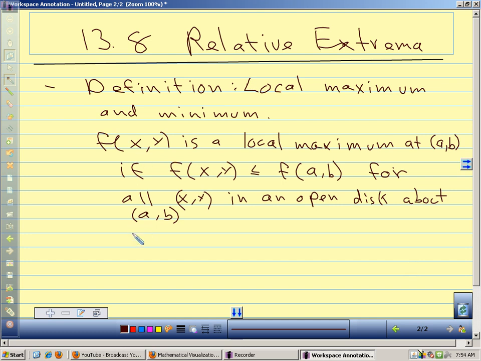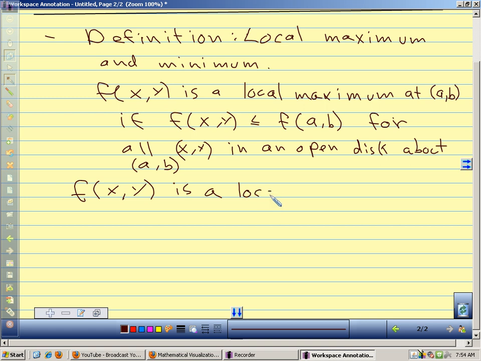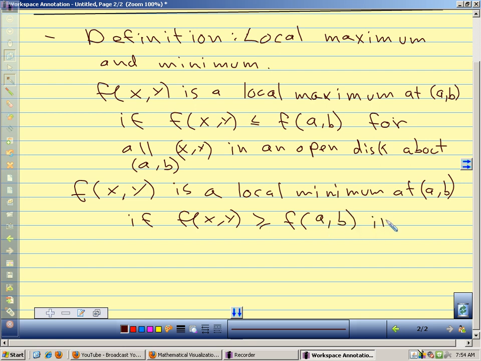And we just switch our inequality around for a local minimum. So f of x, y is a local minimum at this point if our function is greater than the value at (a, b) in some region around the point (a, b).